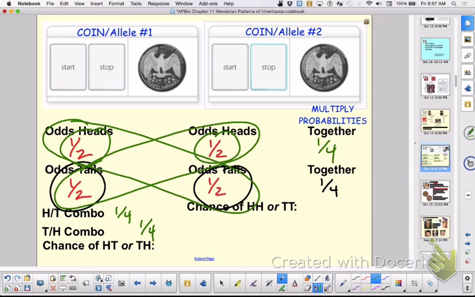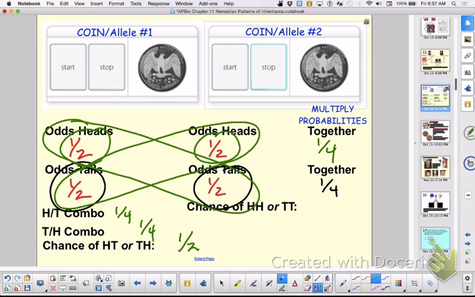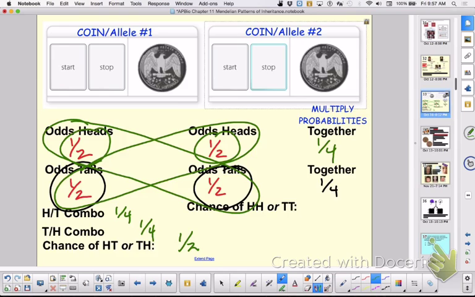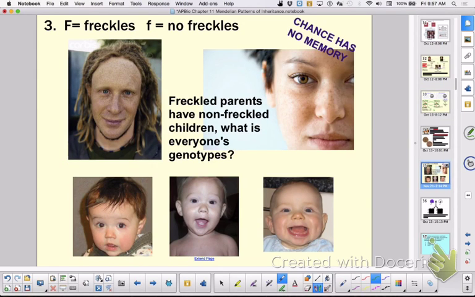So this is when you add them together. If I add 1/4 and 1/4, I get 1/2. I had 1/2 of a chance of getting any kind of heads tails combo. Do you see that? So we're going to use that to level up a little bit here. Again, there are practice problems I'm going to want you to look at.